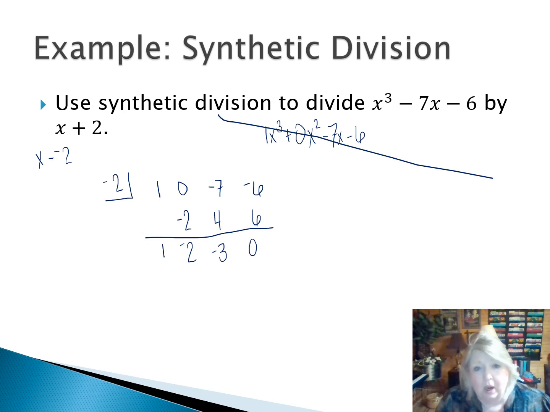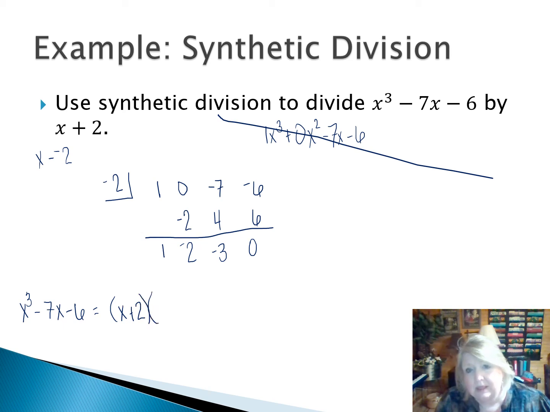So my x cubed minus 7x minus 6 is equal to x minus negative 2, which is going to change into x plus 2, times, this was a cube, so this is going to be a square, x squared minus 2x minus 3, and with a remainder of 0, so I don't have a plus anything out there.